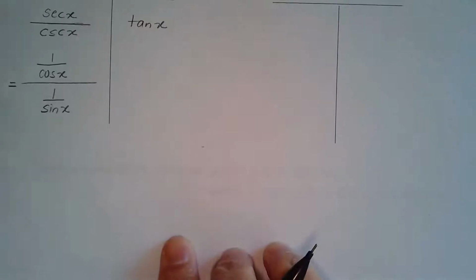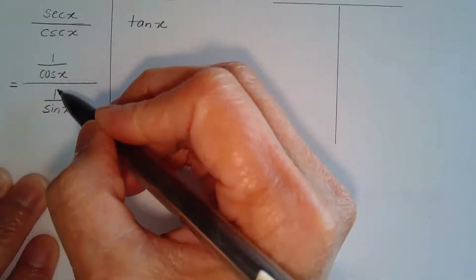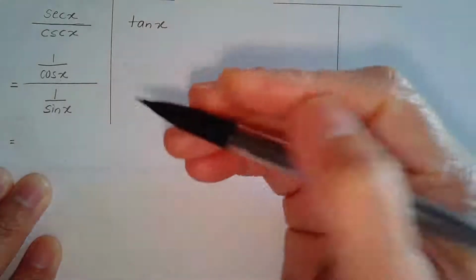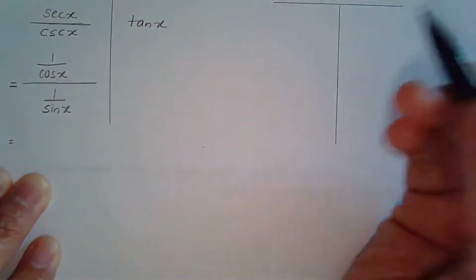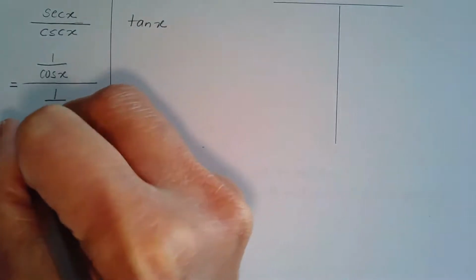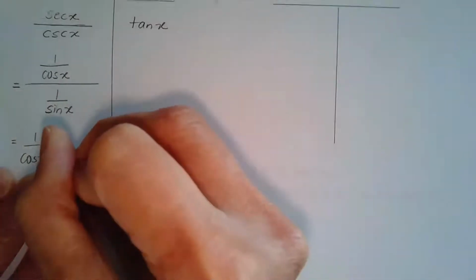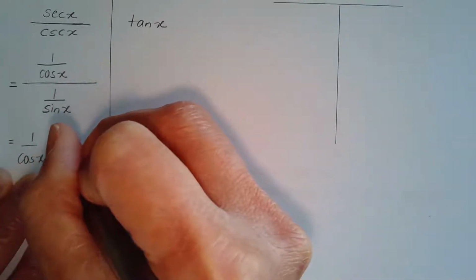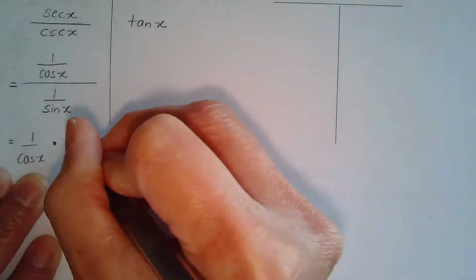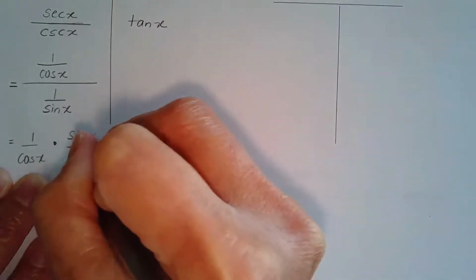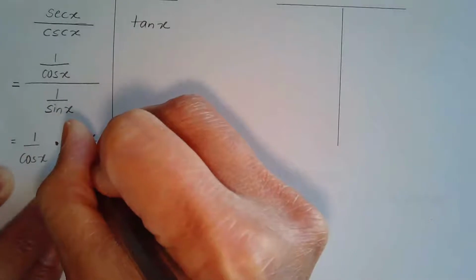When we divide, it's the same thing as multiplying by the reciprocal. So I go 1 over cos of x, and instead of dividing by 1 over sine of x, we can write it as times, let's put a dot, the reciprocal of that. So sine of x over 1.